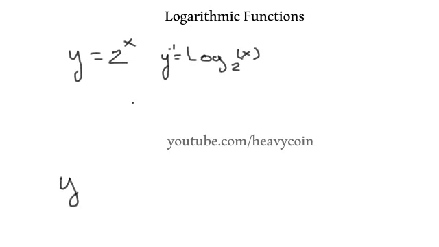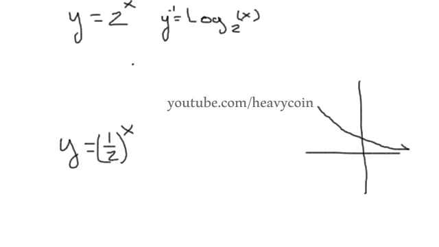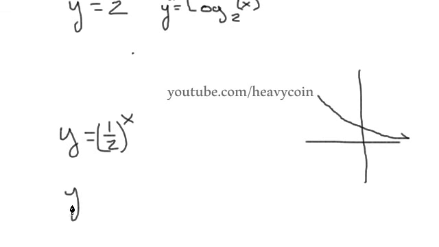We have y is equal to a half raised to the x. Now that was this part of the graph coming down and decreasing like this, and then its inverse is going to be y is equal to log base a half of x.